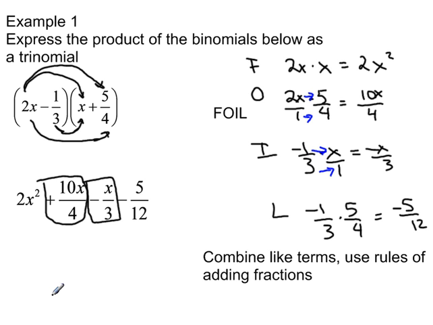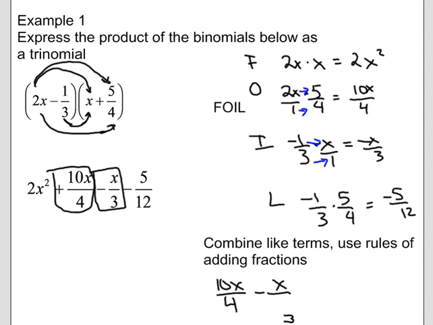So you got to use the rules of adding fractions, or in this case, subtracting fractions. So let's come and do that here. So we got 10x over 4 minus x over 3. So we need a common denominator, right?